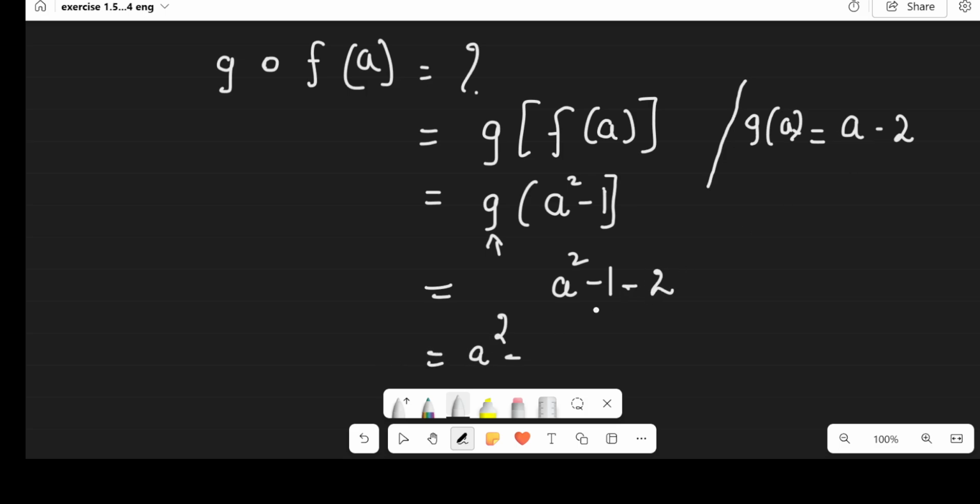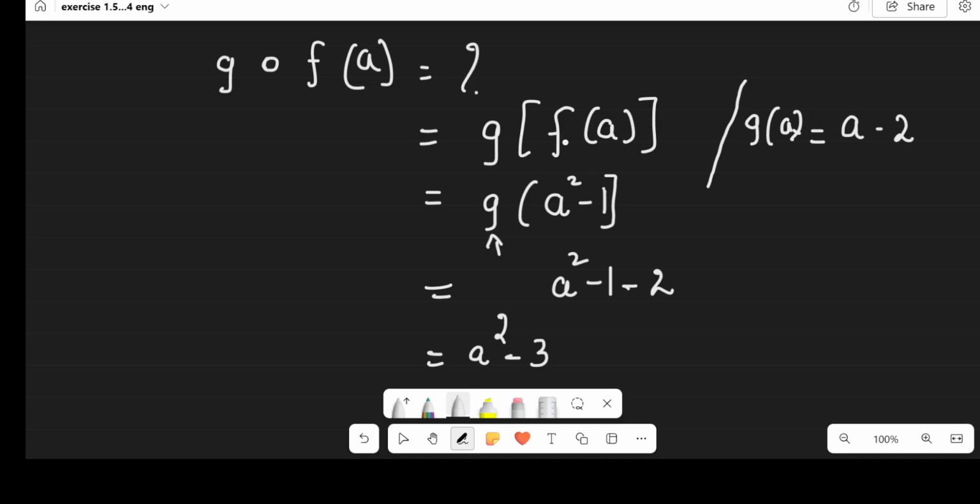A square minus 1 plus minus 2, minus 3, right? It's very easy. We are just using the letter a instead of x. Otherwise all the concepts are the same. Nothing is different. Okay. Here we are using only the letter a instead of x.